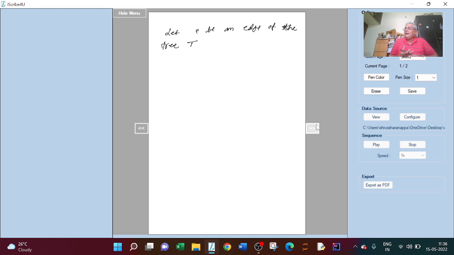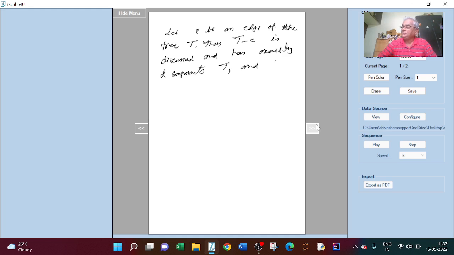Let E be an edge of the tree T. Then T minus E is disconnected and has exactly two components, say T1 and T2. This is because every edge in a tree is a bridge.